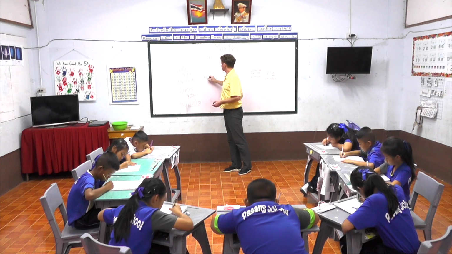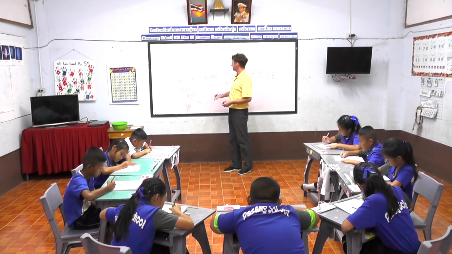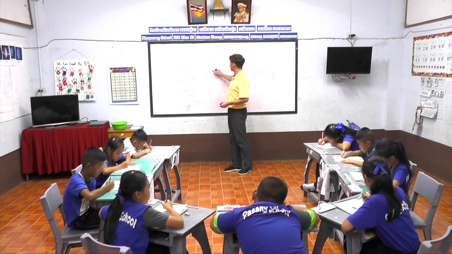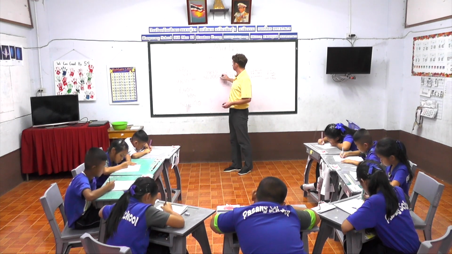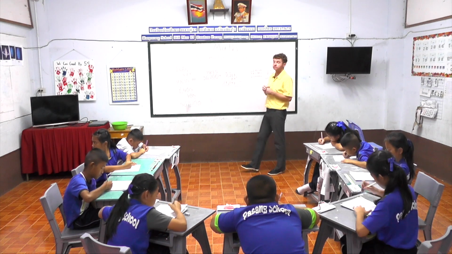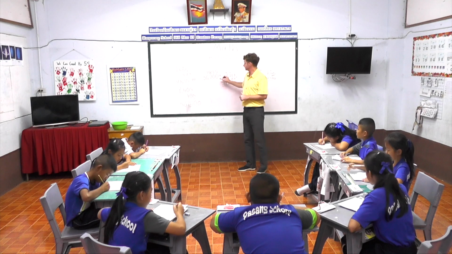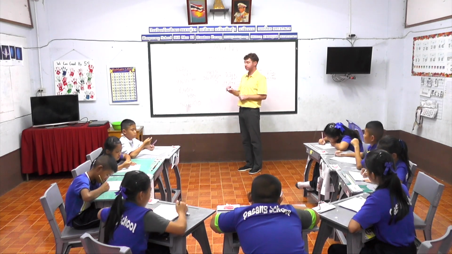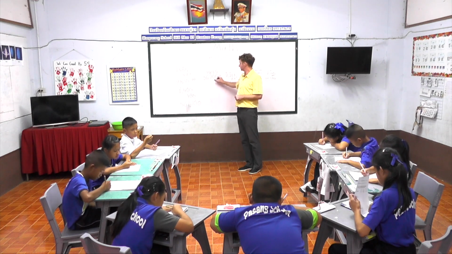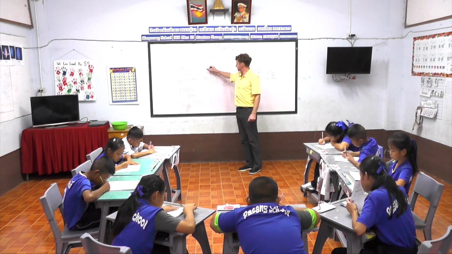So what we do is we put the 2 answers together, remembering place value, and then add them together for our final answer. 5 plus 0 equals 5. 3 plus 0 equals 3. 8 plus 2 equals 10.